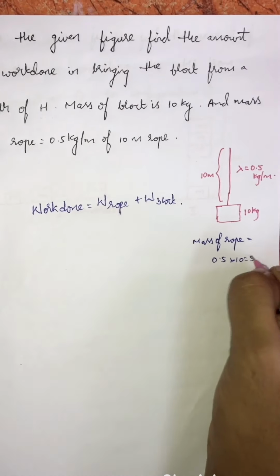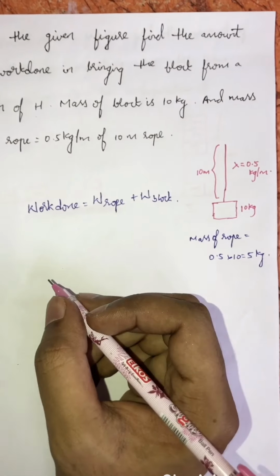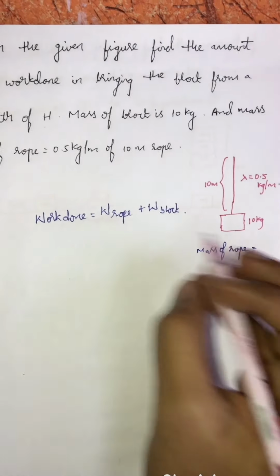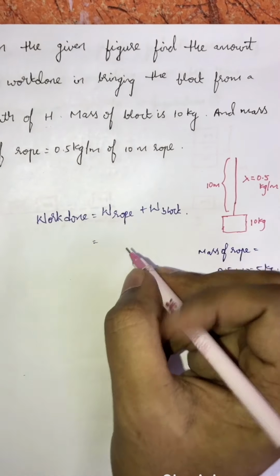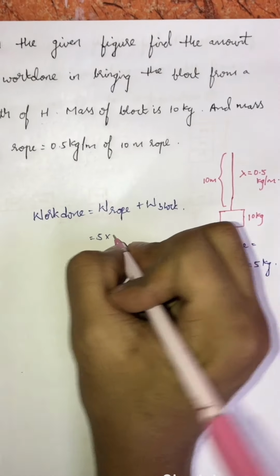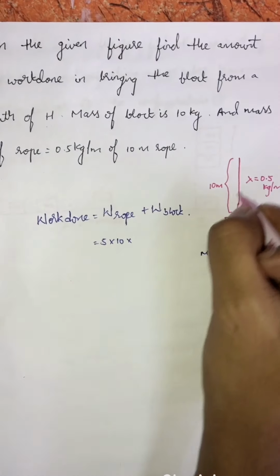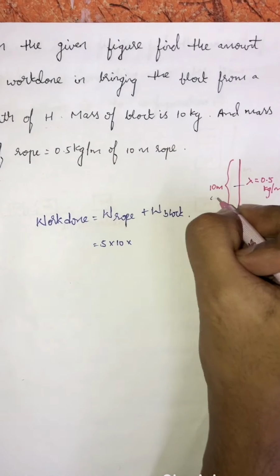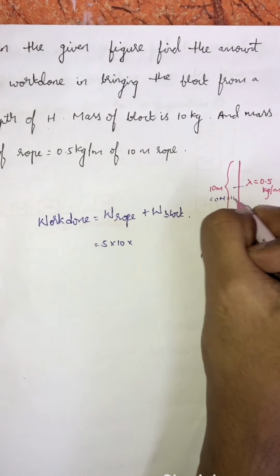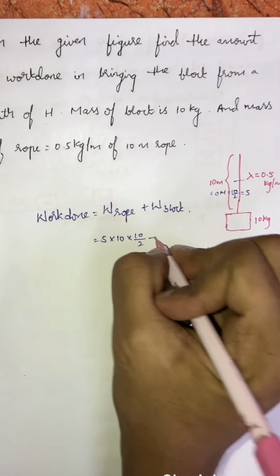Then work done for the mass of the rope is equal to mgh. So mass is 5. I will take the gravitation value as 10 and height will be equal to 10. The center of mass lies at 10/2 is equal to 5. So 5 into 10 into 5, plus work done in lifting the block. The block is at a height of 10 meters.